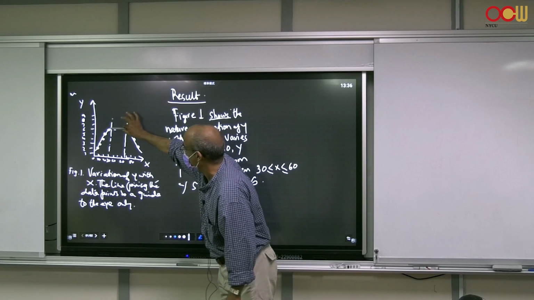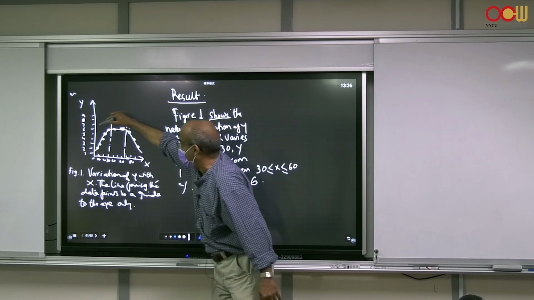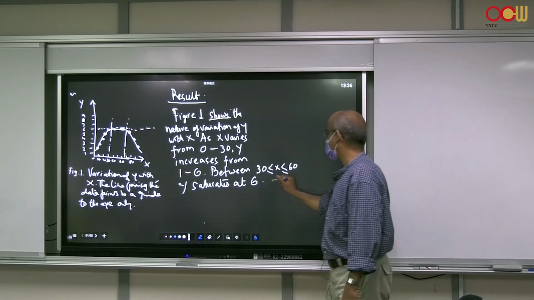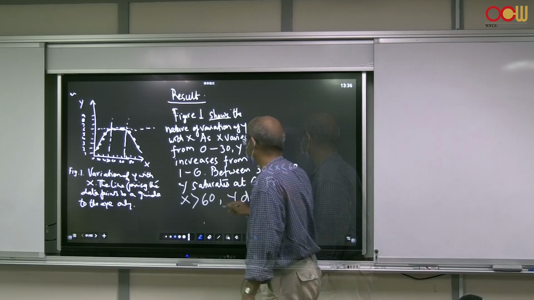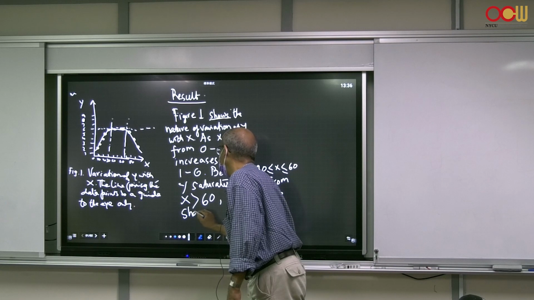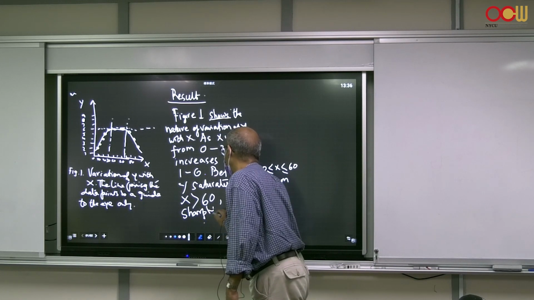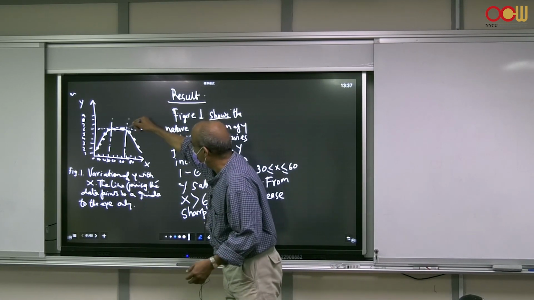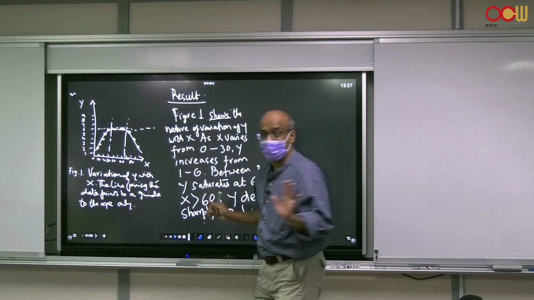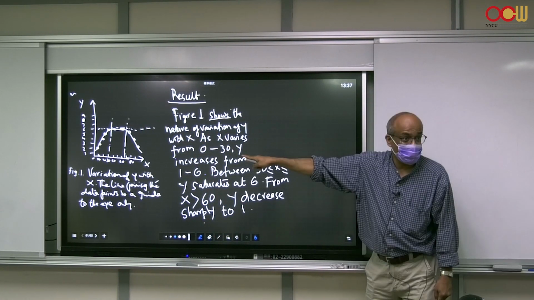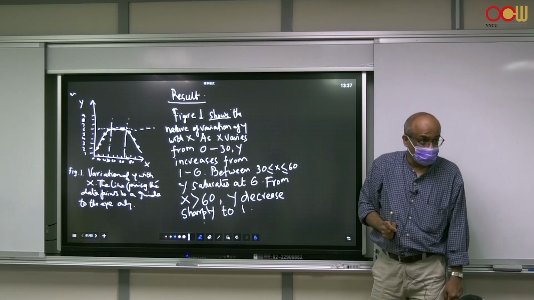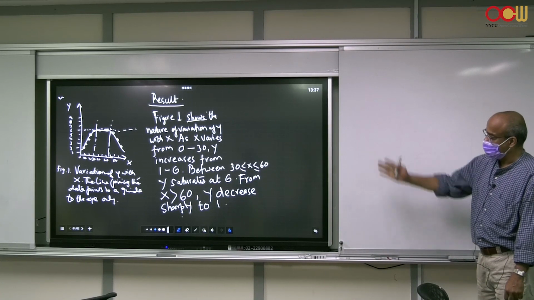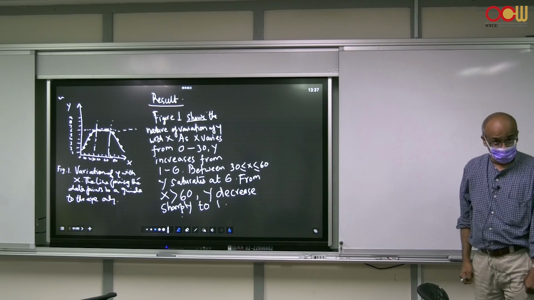So y saturates at this value, and then from there, sharply, linearly, exponentially, whatever, it goes back to 1. From 6, it goes back to 1. This is result. I explain the nature of the variation with numbers. So this is basically what result is.